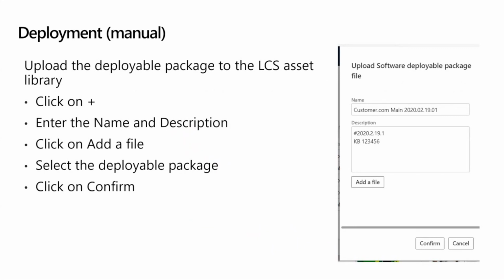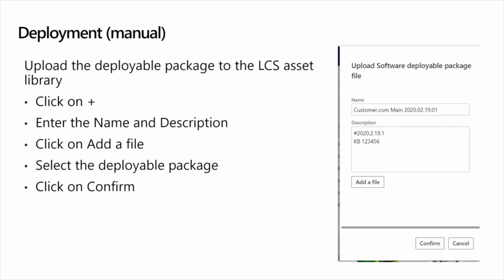From there, you go to the asset library to create a new deployable package. You give it a name. In this case, I named it, again, based on the customer name and then the branch, and I gave it the date from the Azure DevOps build number. In the description, I put the official DevOps build number, and then I note that we ran this build for a KB reason.